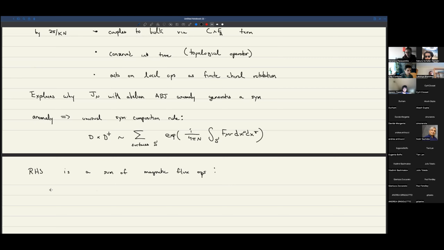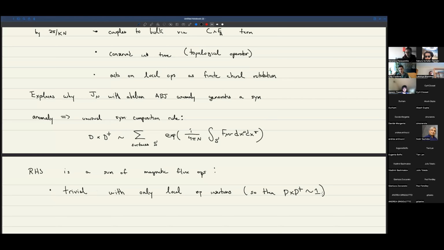And in particular, that means that it is trivial with all local operators. So local operator insertions are blind to this kind of magnetic flux sum. So for them, D dagger is really 1.